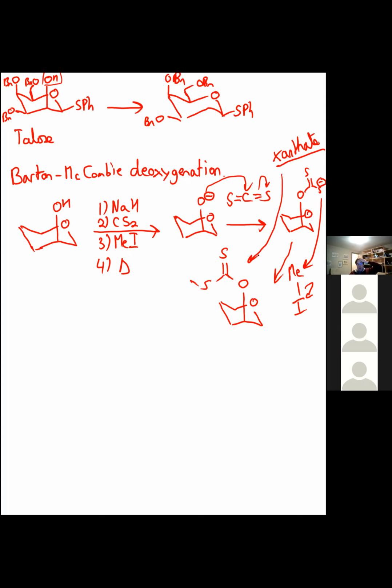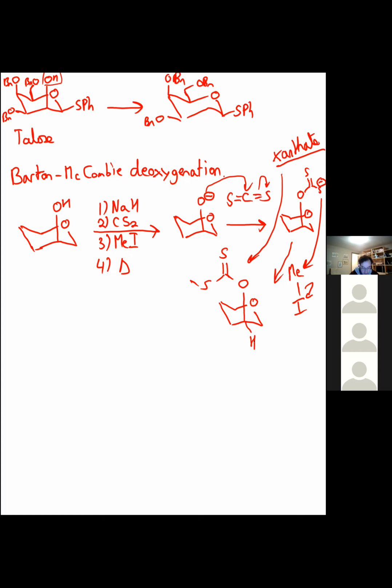Okay, that's weird. And there's likely a reason you haven't seen many xanthates around, because they're not really very stable molecules. So what happens with the xanthate is you've got a few options on how to burn this thing off.